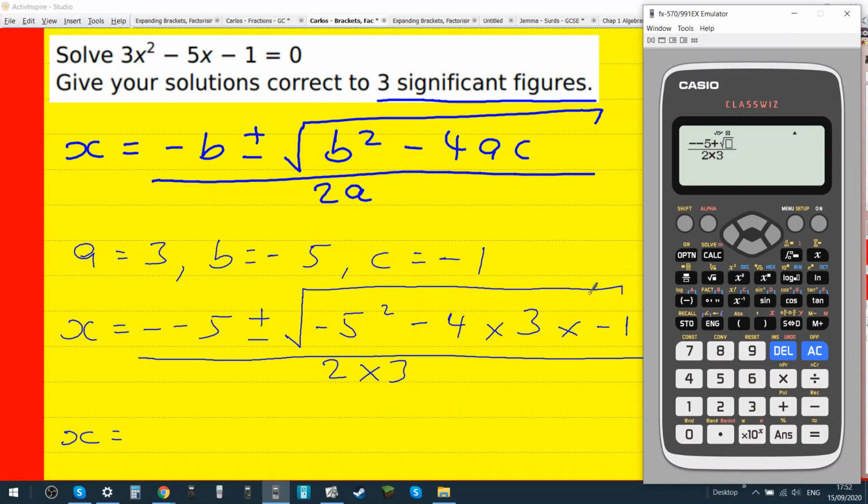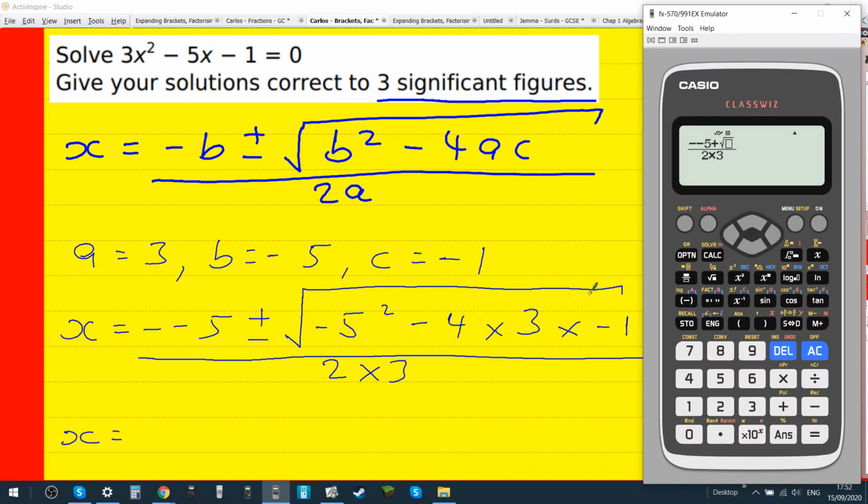When you have it, tell me your first answer. Okay. It says maths error. I expected that. Press left to edit it.